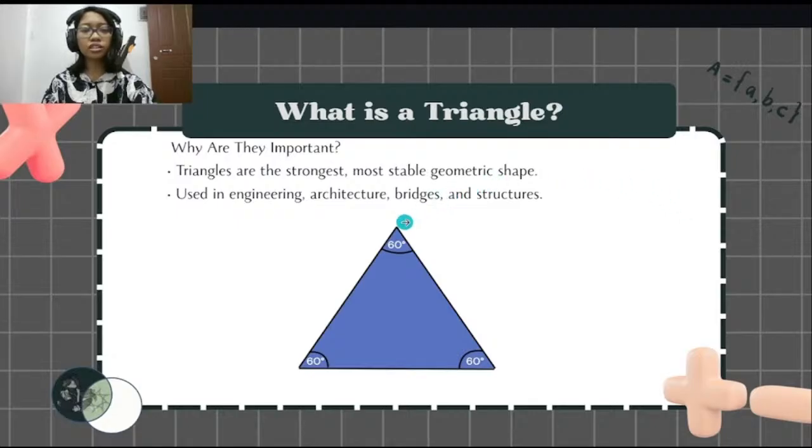A triangle is a polygon with 3 sides, 3 angles, and 3 vertices. Triangles are one of the most important shapes in mathematics because many real-life situations, such as measuring distances, heights, and directions, can be modeled using triangles.